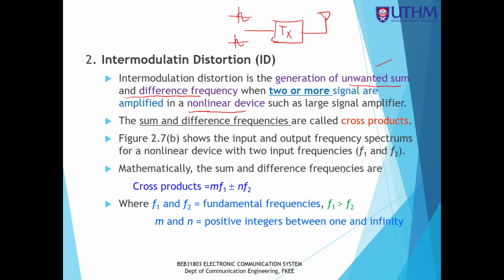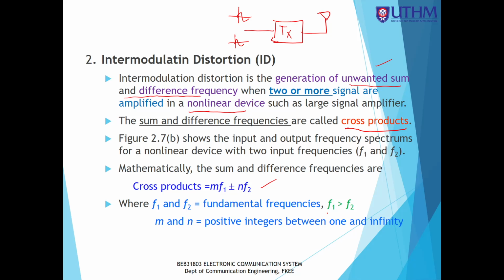Okay, so you see that the sum and difference frequencies are called the cross products. Kedua-dua sum and difference ini dipanggil sebagai cross products. So the cross product secara matematiknya adalah mF1 plus minus nF2. m and n are positive integers between 1 and infinity. Dalam kes ini kedua-dua F1 dan F2 adalah fundamental input frequency.